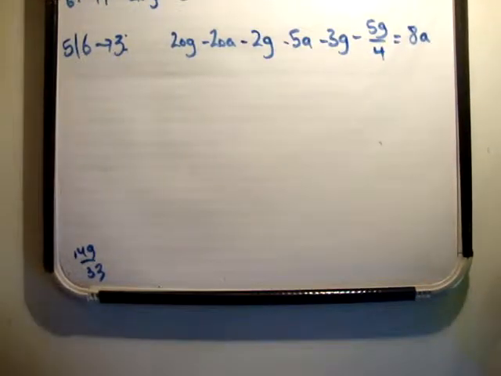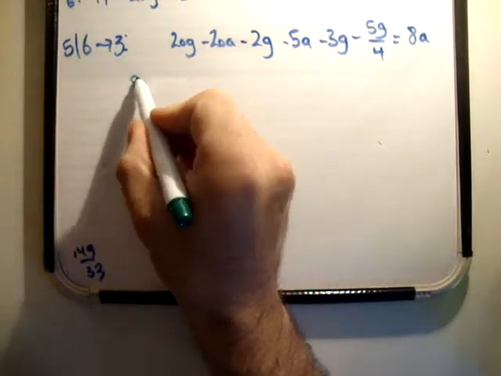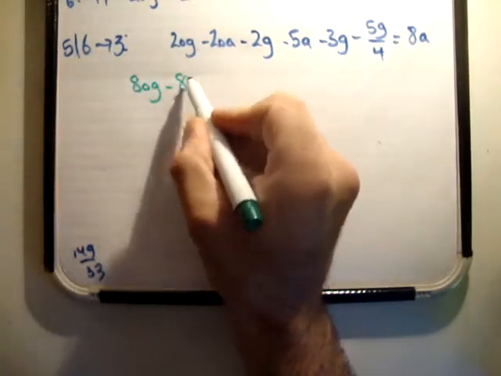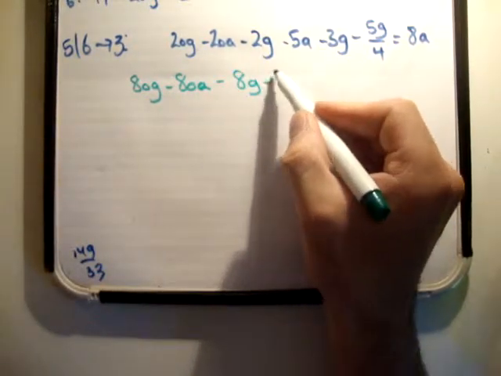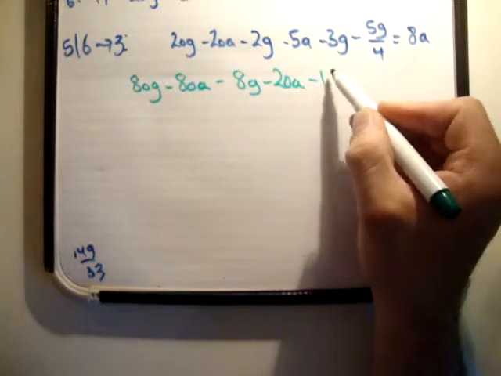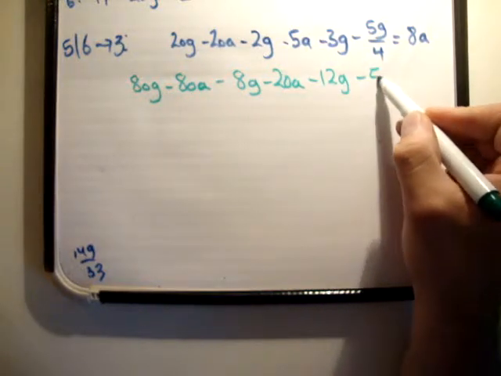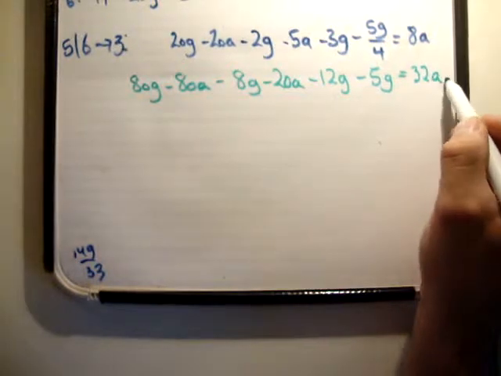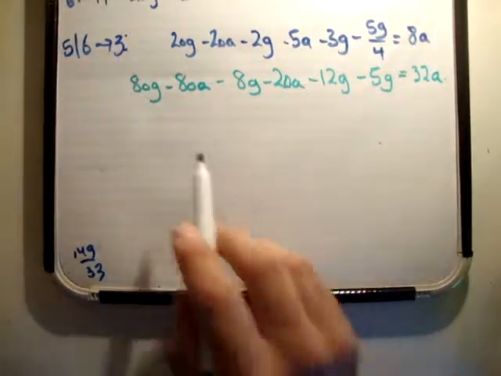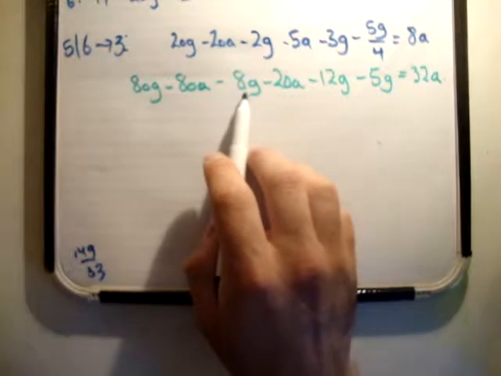Let's multiply across by 4. Four 2s are 8, so we get 80g minus 80a, minus 8g, minus 20a, minus 12g, minus 5g, is equal to four 8s are 32a. Let's rearrange this. 80g minus 8g is 72.